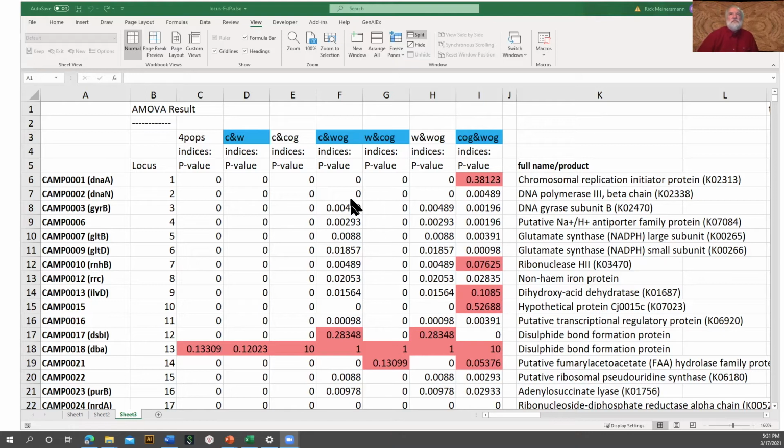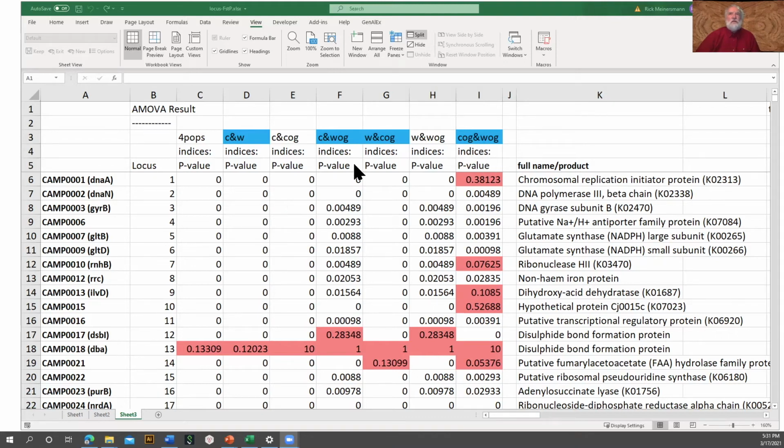So what I have done here is created a table that shows the FST for each of the loci listed on the left of the different population comparisons. And the ones that count are the chicken and water populations, the chicken and chicken out group, the chicken and water out group, the water and chicken out group, the water and water out group, and the chicken out group against the water out group.